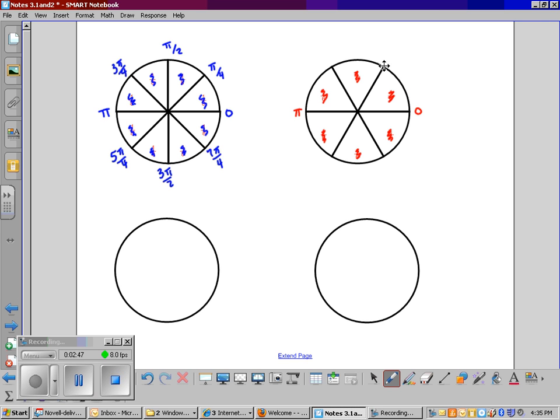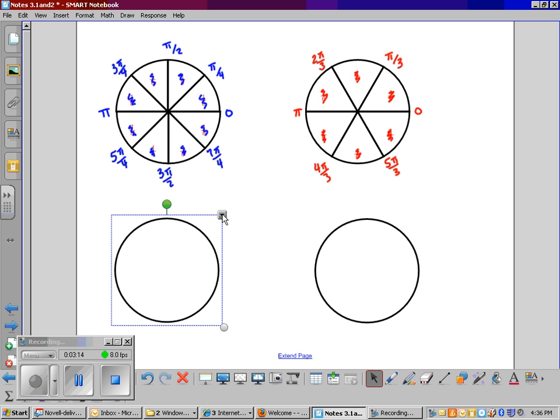So this first section right here is a pi over 3 angle. If I add another pi over 3 section, then that's 2 pi over 3. 3 pi over 3 reduces to pi, then I have 4 pi over 3, and 5 pi over 3, and 6 pi over 3 reduces to 0, where again I have that coterminal angle.